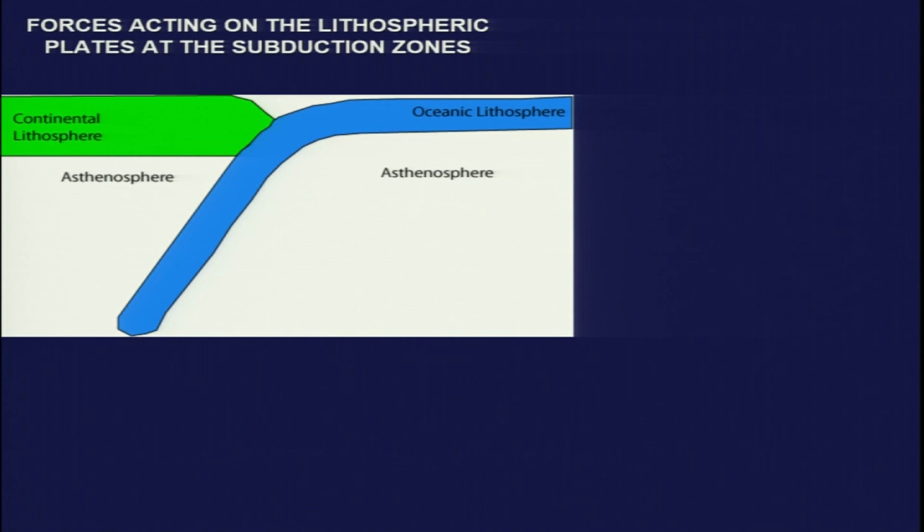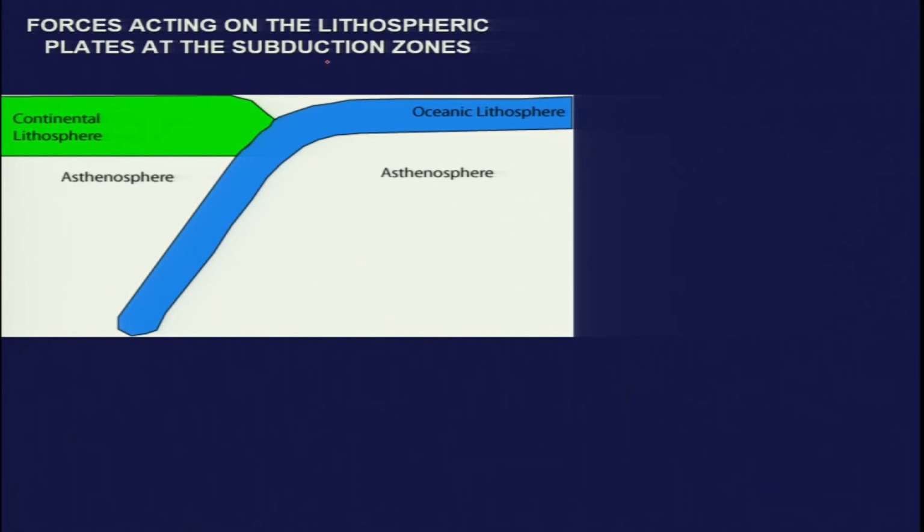So these are the two aspects which remain. Before getting into the detail of the extensional tectonic environment, let us discuss the different types of forces which are acting on the lithosphere along the subduction zones.